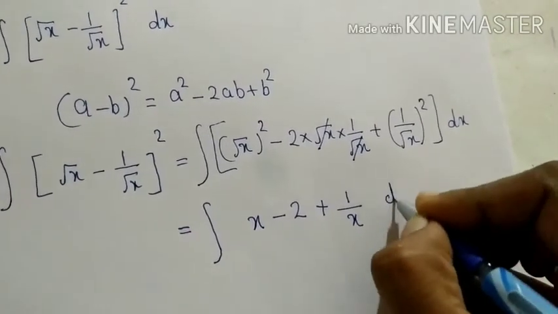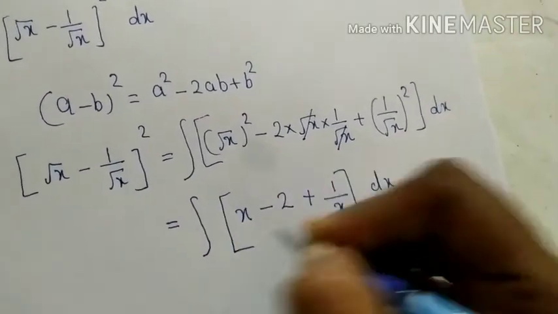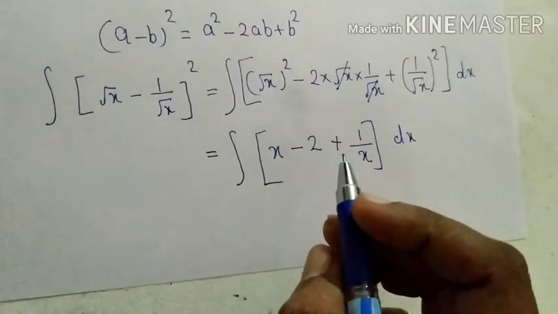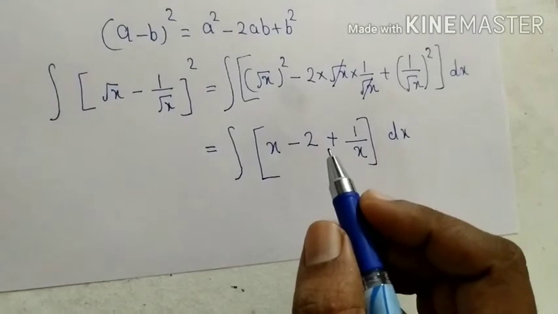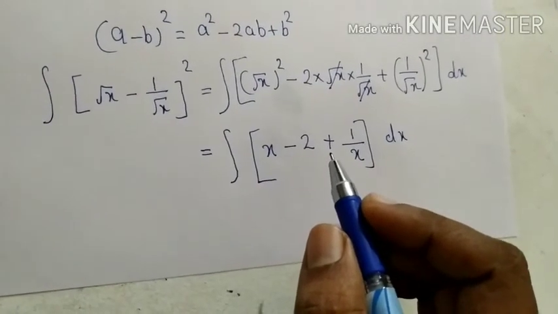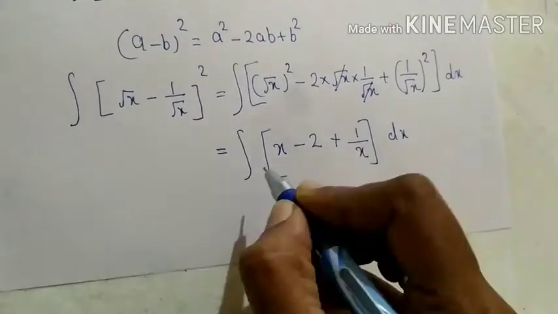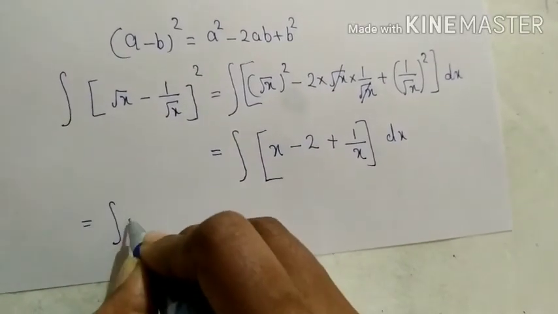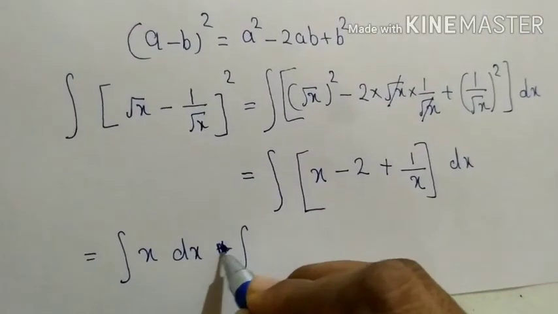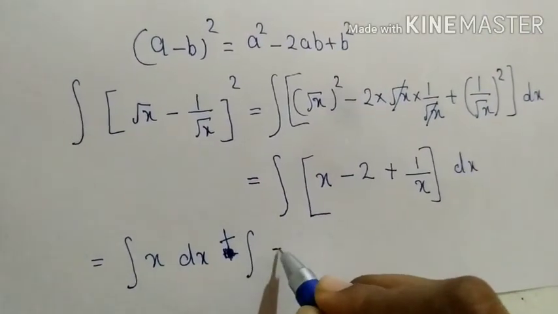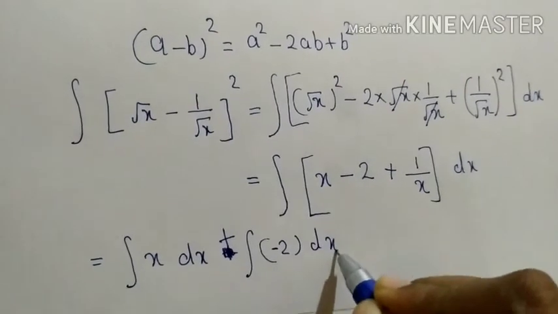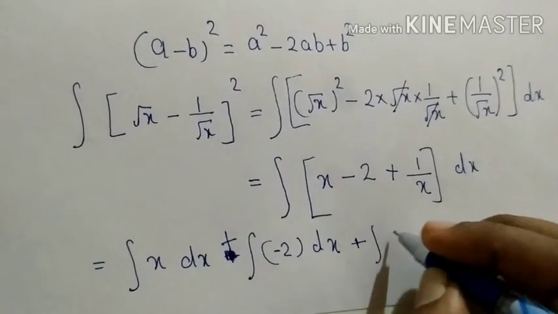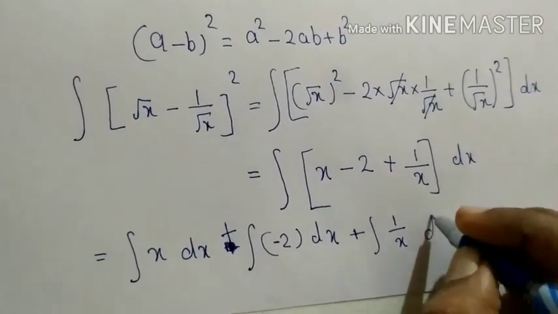Okay, dx. Next I am going to use the additive property of integration, so this can also be written as the integral of x dx plus (−2) dx plus the integral of 1/x dx.